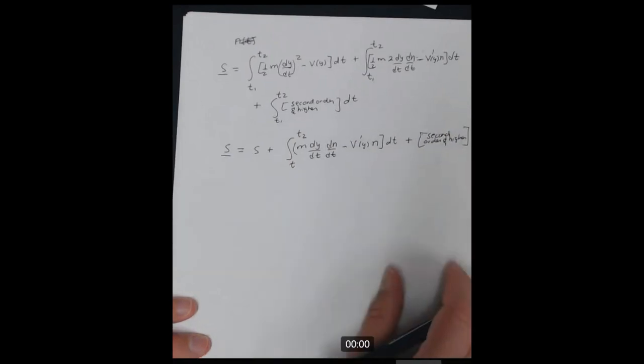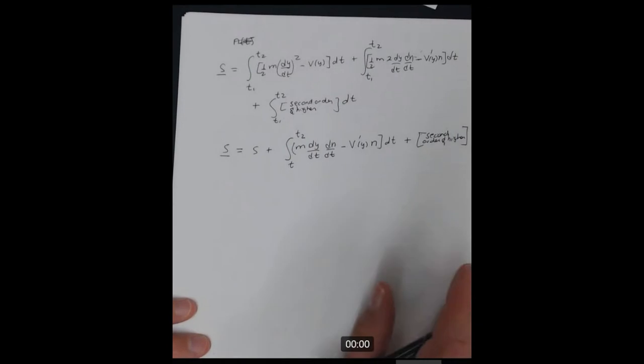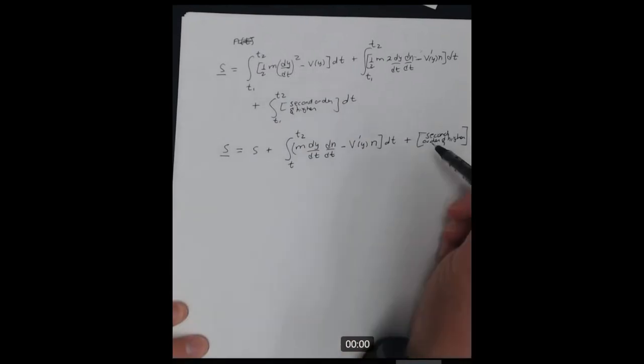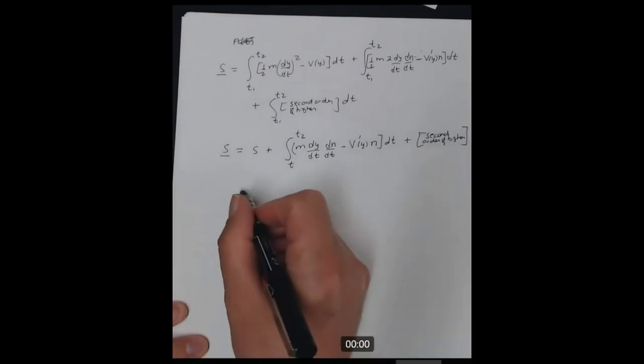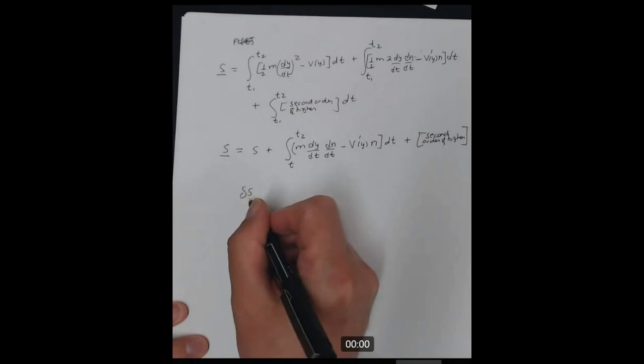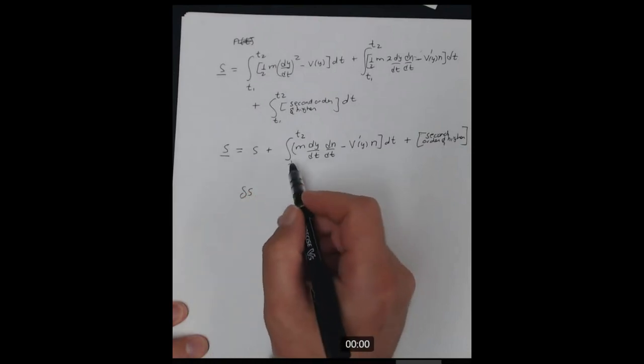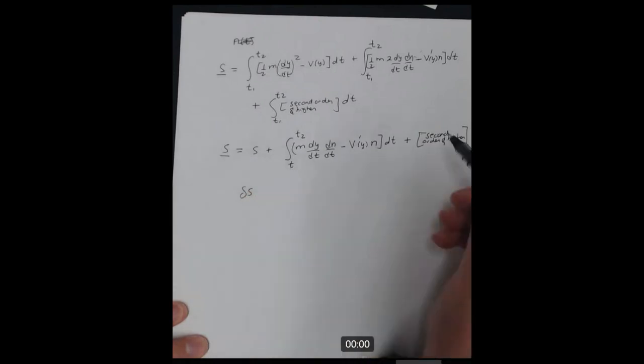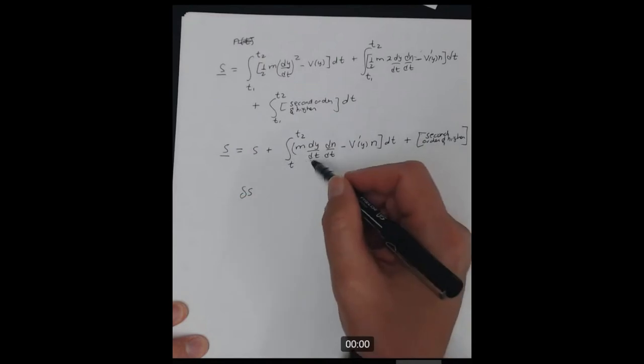Okay. So what we said is once we get around the minimum, the variance in S should be second order and higher, and the first order stuff should be 0.